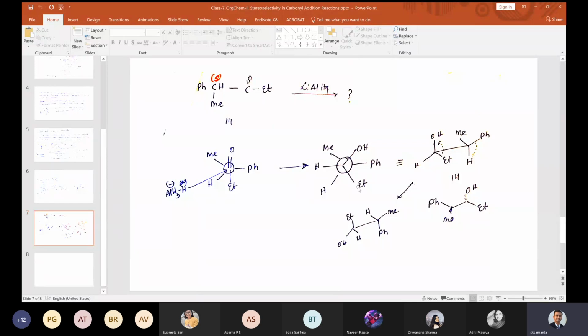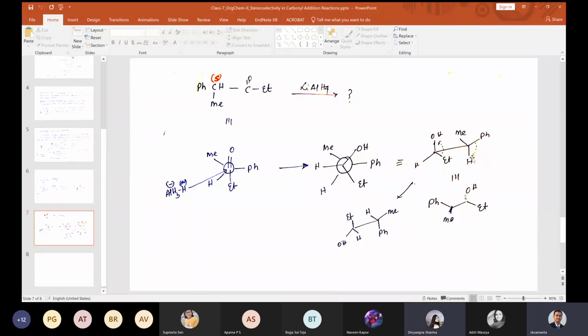Because H, OH, Et in the same direction, Me, Ph, H, so it is also in the same way. You can rotate these bonds at any time, no problem. They will not change its configuration at all. For example, you can put hydrogen here, Me here, Ph here. Those things are fine. You understand that, right?